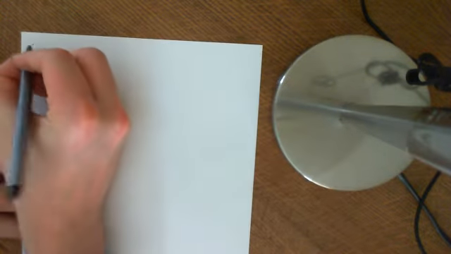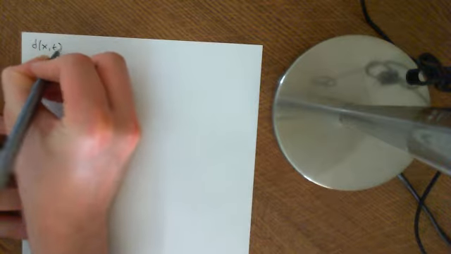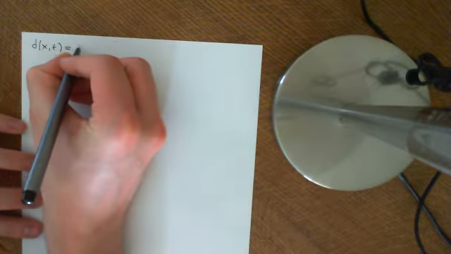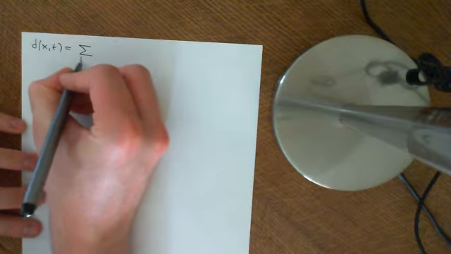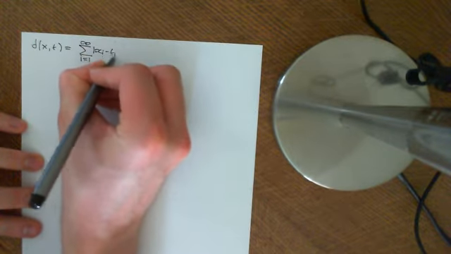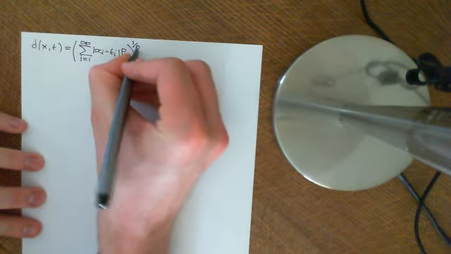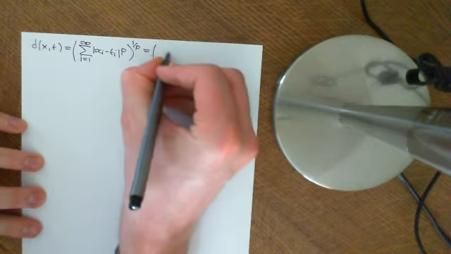So, we'd said that the distance between the sequence x and this sequence t was, by definition, equal to the sum from i equals 1 to infinity of the modulus of xi minus ti to the power of p, all of that to the power of 1 over p, which we had split into two parts.